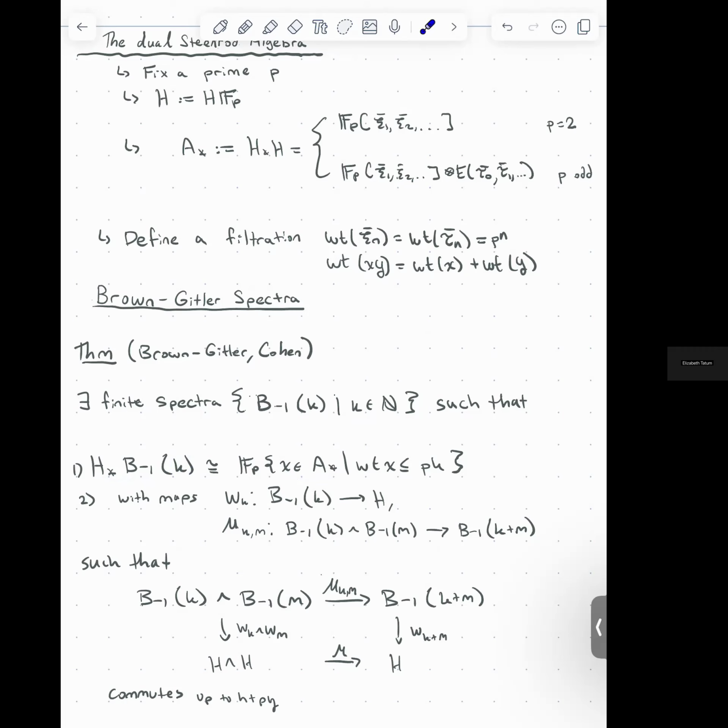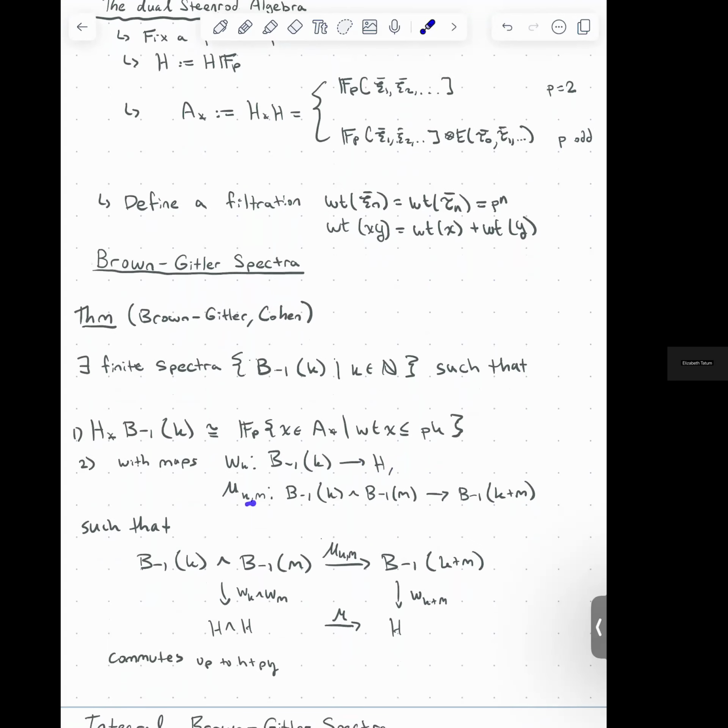having weight at most pk. So these have homology that realizes the different steps of this weight filtration. And furthermore, they come along with some nice maps. There will be a map from the Brown-Gitler spectrum to the Mahowald-Kane spectrum for each k.